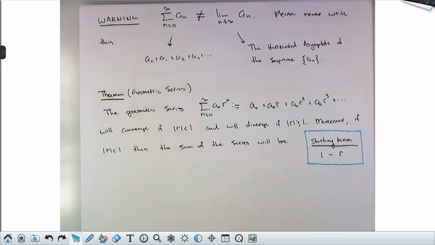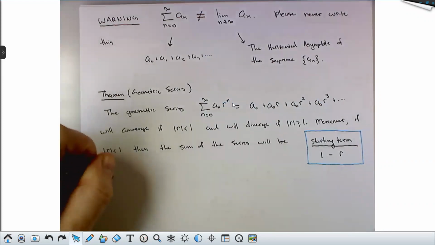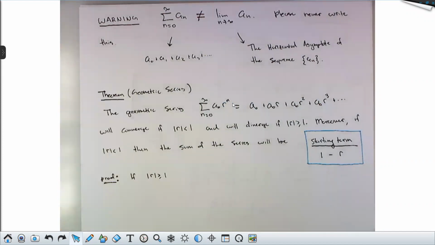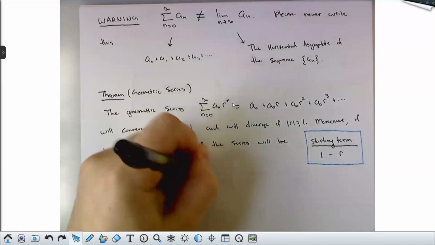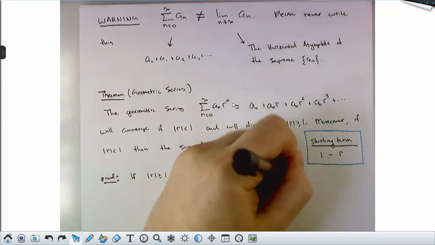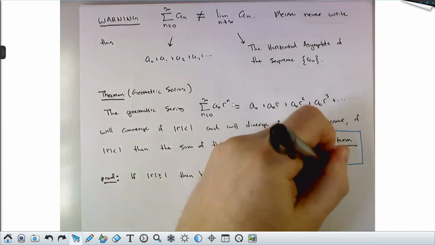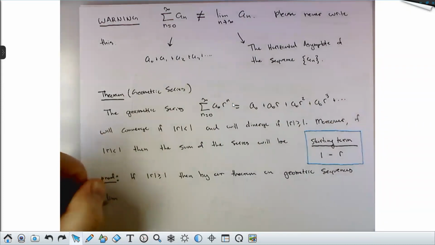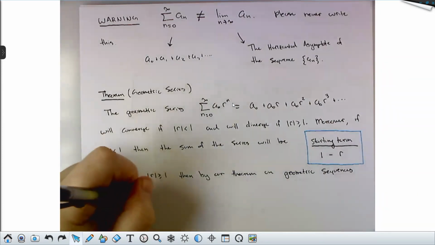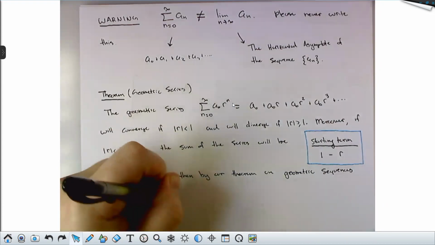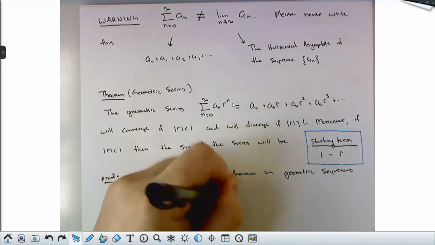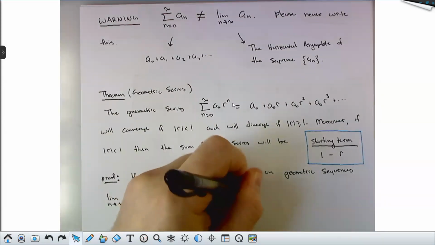This is an important theorem, so I am going to prove it for you. If the absolute value of r is greater than or equal to 1, then by our theorem on geometric sequences, the limit as n goes to infinity of a_n, and that's this thing in here, is the limit as n goes to infinity of a naught times r to the n, which is a naught times the limit as n goes to infinity of r to the n.